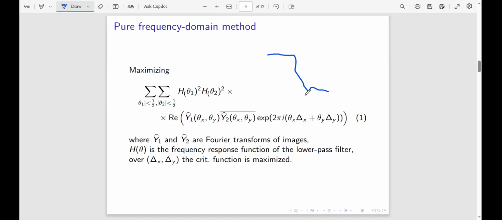Because shift you can transform into multipliers, which is subject to optimization, right? Sergey, Professor is asking, what exactly are you maximizing? Theta 1, theta 2, or delta x, delta y?